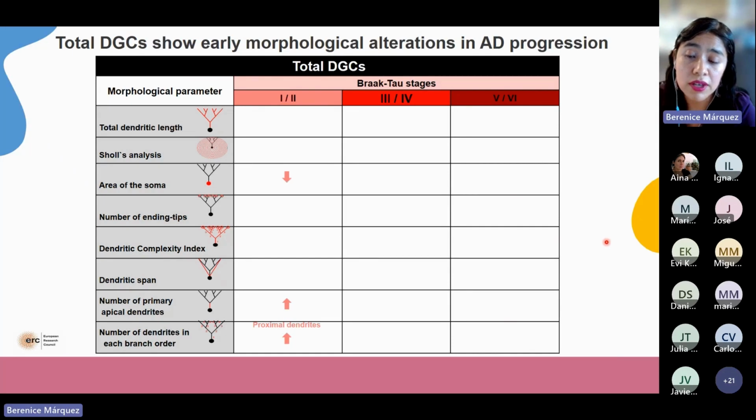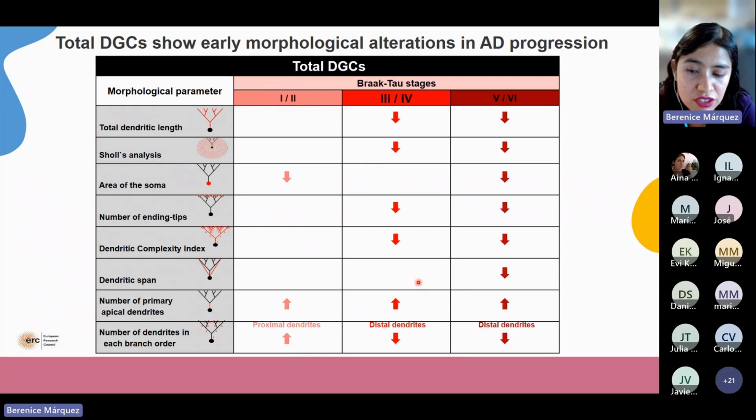When the total dentate granule cells are analyzed, the first alterations that appear are the reduction in the soma area and the increased number of cells with several primary apical dendrites, as well as the increased number of proximal dendrites. Now, as the disease progresses, the majority of the dendritic alterations appear.